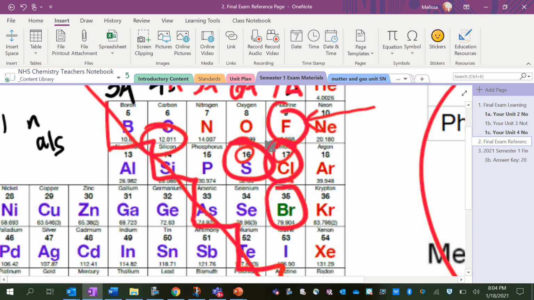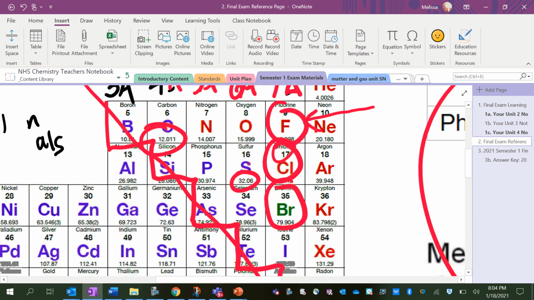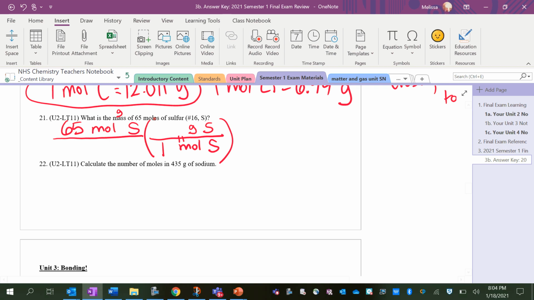I look at the periodic table. 1 mole of sulfur atoms weighs 32.06 grams. We've got 65 moles of sulfur. Each one weighs 32 grams. So we're going to have a big number here. 65 times 32.06 is 2,080 approximately, and rounded to 2,100.